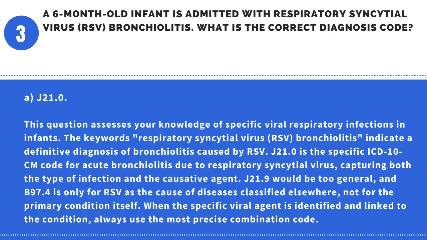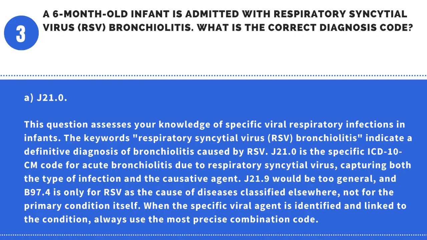Answer A. J21.0. This question assesses your knowledge of specific viral respiratory infections in infants. The keywords respiratory syncytial virus, RSV, bronchiolitis indicate a definitive diagnosis of bronchiolitis caused by RSV.